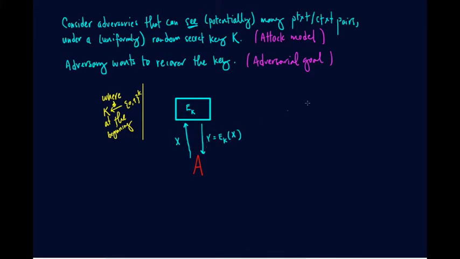So this kind of attack, because you're getting to choose X, is called a chosen plaintext attack, and typically this just gets shortened to CPA. So this adversary is mounting a chosen plaintext attack on this black box.